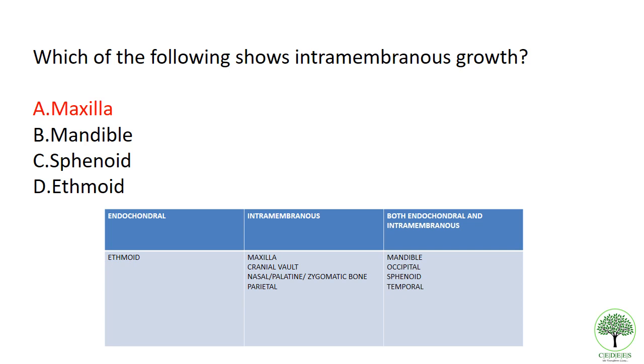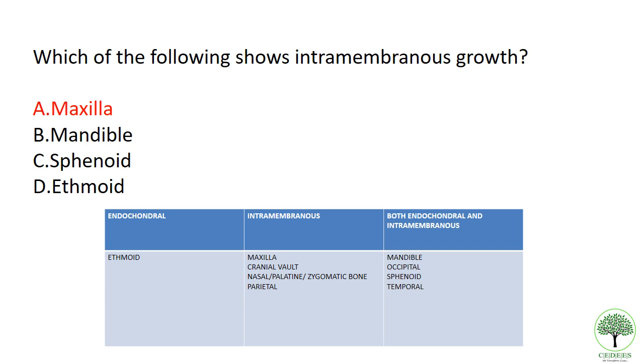Mandible has both endochondral as well as intramembranous growth, because the condylar cartilage grows with endochondral growth and the rest of the mandible is by intramembranous growth. The sphenoid bone also shows both endochondral as well as intramembranous growth, and ethmoid is the only bone that has completely endochondral growth.